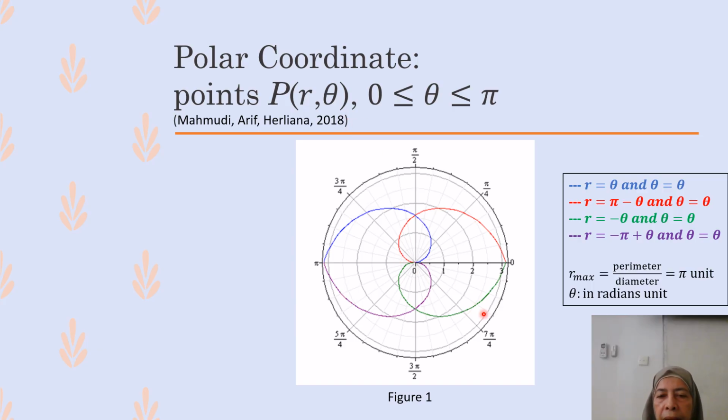For example, like the one you see here in the slide, with r equals theta, on the top of the text we can see that the graph is the blue one, and r equals pi minus theta is the red one, and so on.